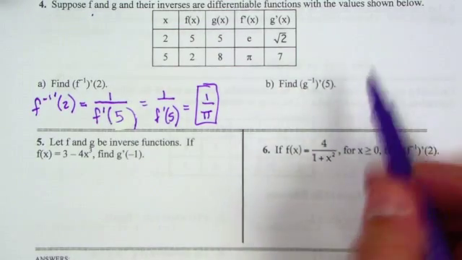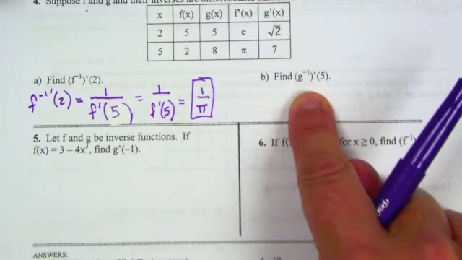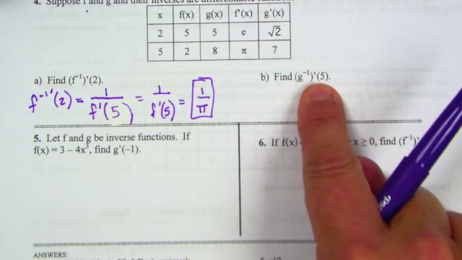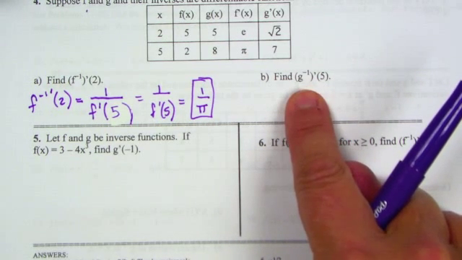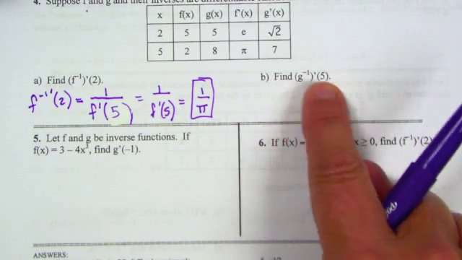Okay, so this tells me to find the derivative of the inverse of G at 5.